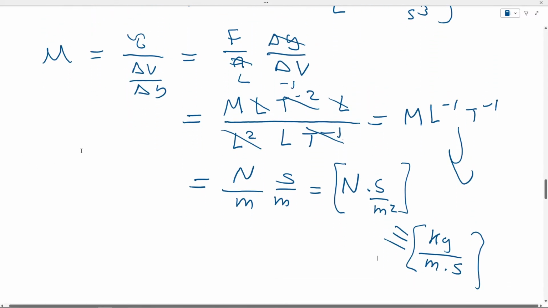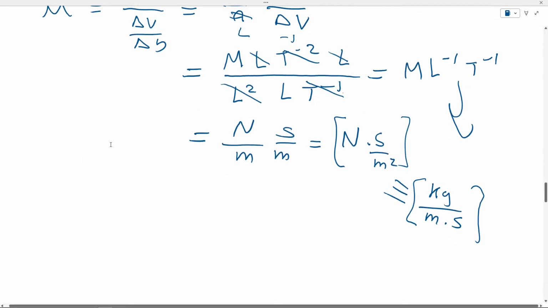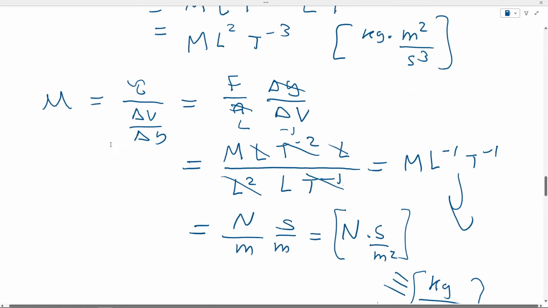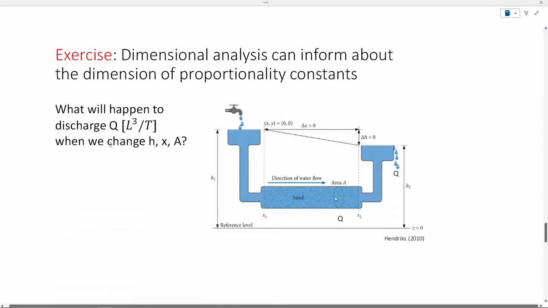So basically, this is just some dimensional analysis. But why is this important? Let me show you one quick application for this. Remember, I told you in this lesson we are doing these things intuitively.